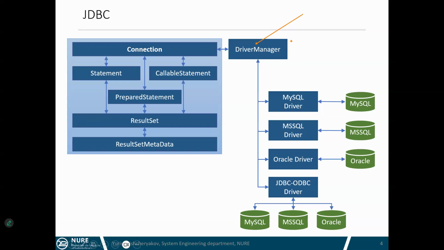It's enough to put the library for the specific database into the class path of your application. And after that, you can use it, because the driver manager allows us to find all drivers existing in the class path of your application and use them.